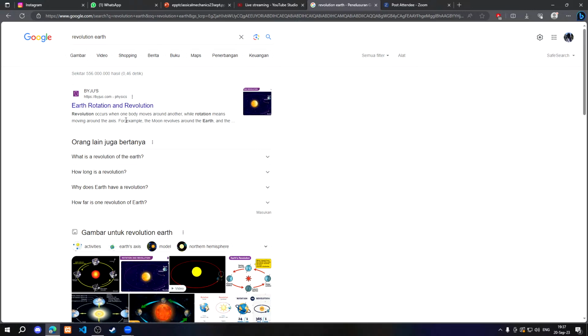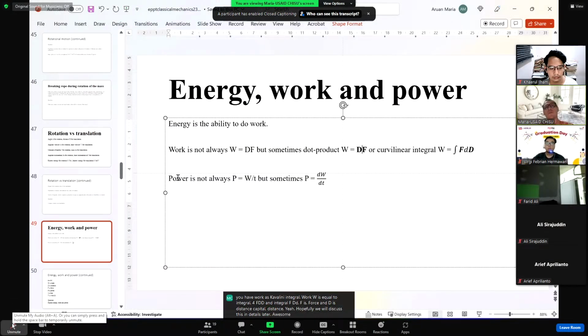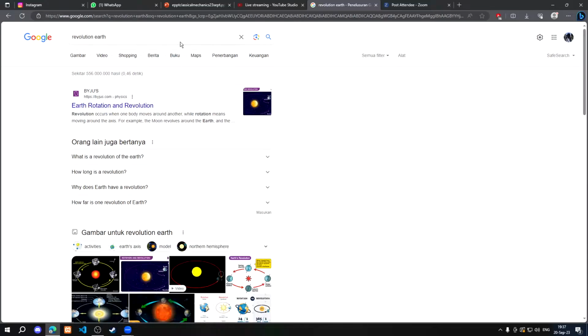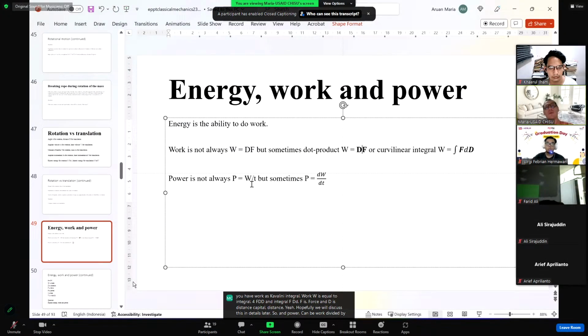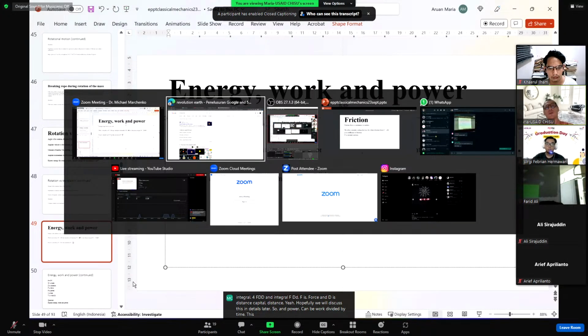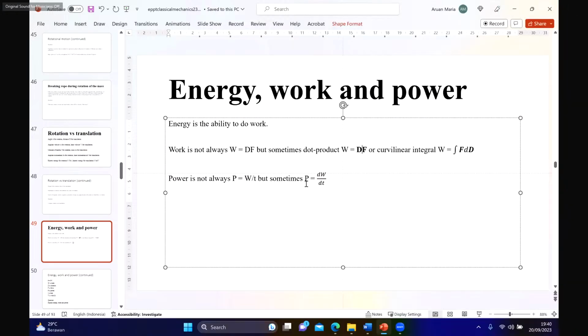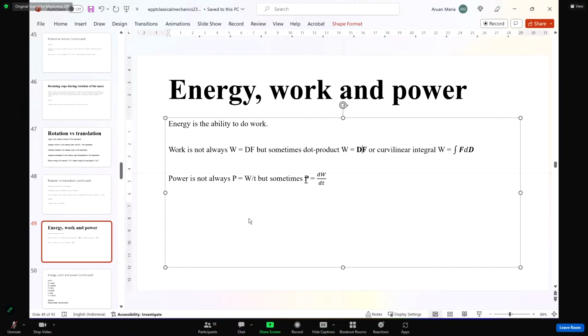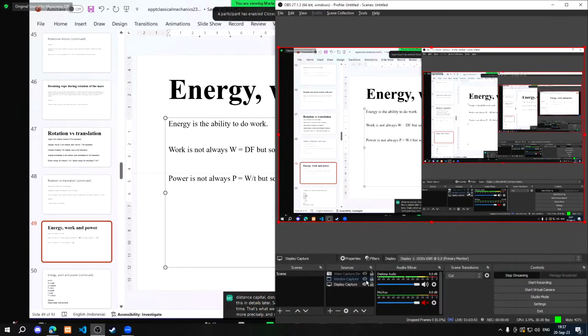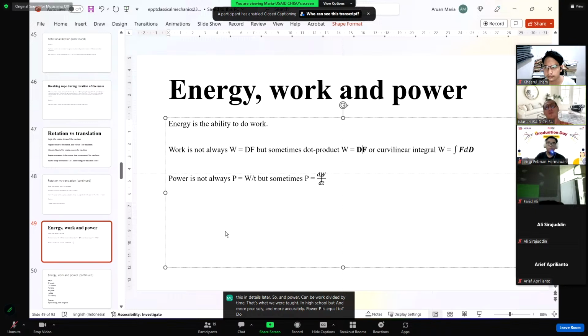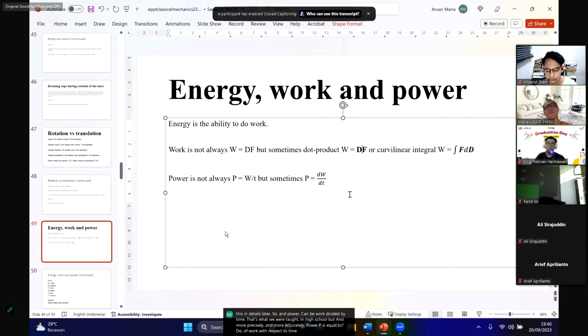Hopefully we will discuss this in detail later. And power can be work divided by time. That's what we were taught in high school, but more precisely and more accurately, power P is equal to derivative of work with respect to time, dW over dt.